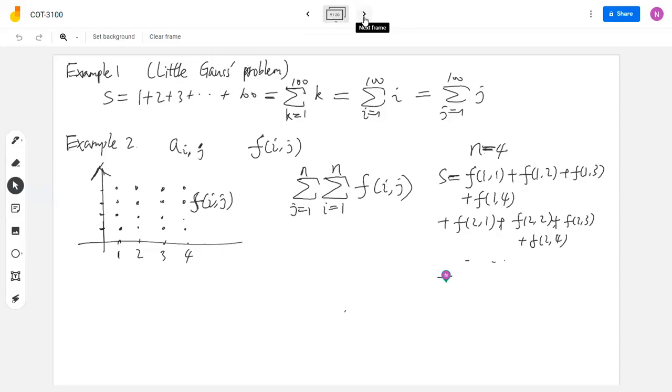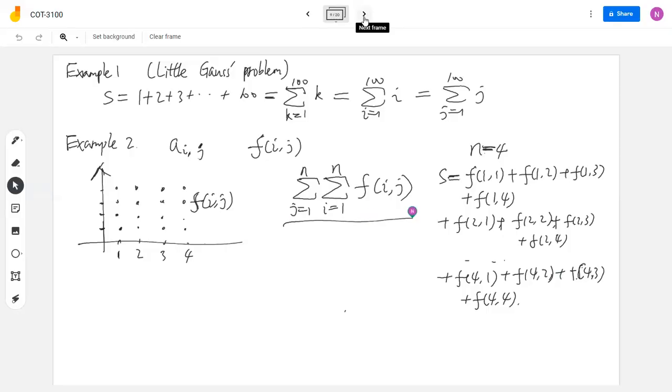Okay, f41, f42, f43 plus f44. So basically, you are doing a summation of 16 terms. So we can write this.